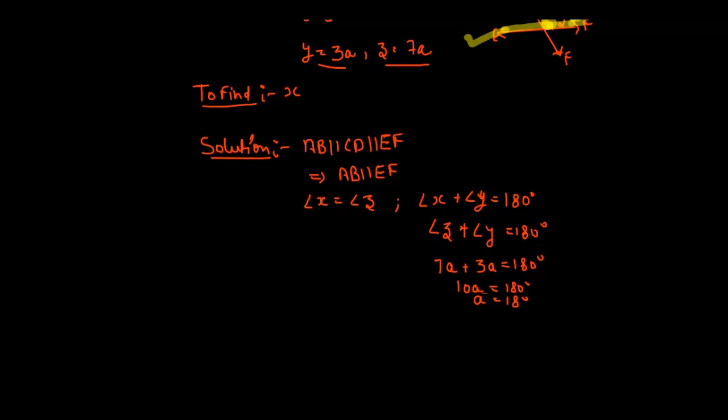This implies अब हमें find out करनी है x की वैल्यू. x किसके इक्वल है? z के इक्वल. सो z की वैल्यू कितनी हो जाएगी? एंगल z इक्वल टू क्या है x और यही z किसके इक्वल है 7a. अब 7 इंटू a, इंटू 18, कितनी वैल्यू आ जाएगी? 126 degree. Okay, so this is the question number 2 of exercise 6.2.